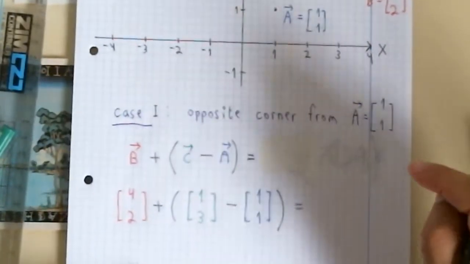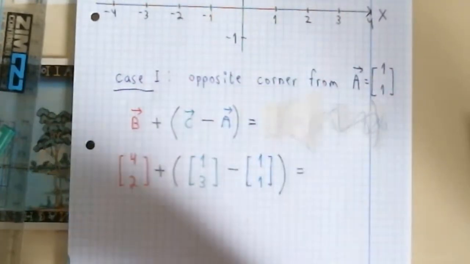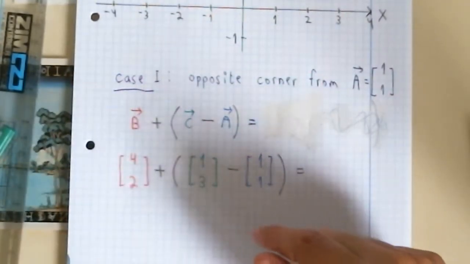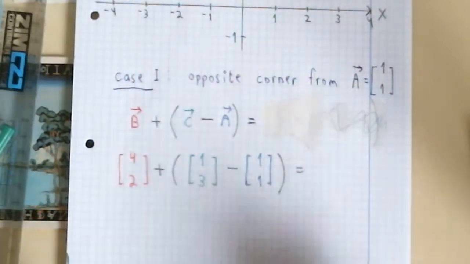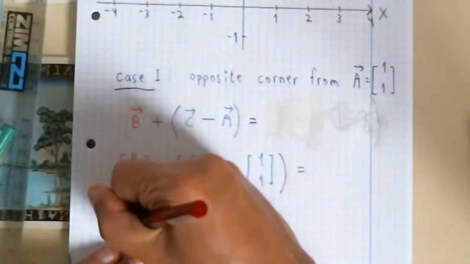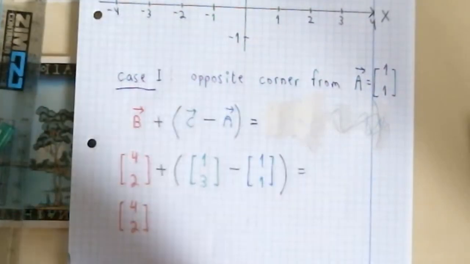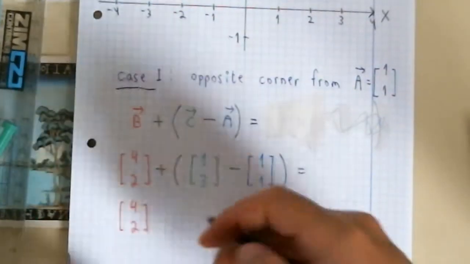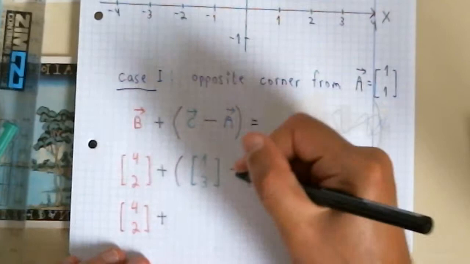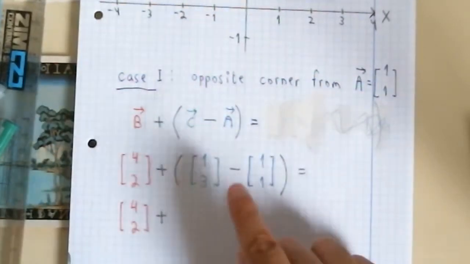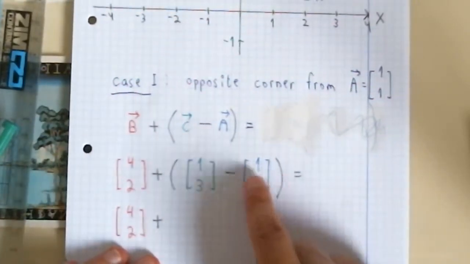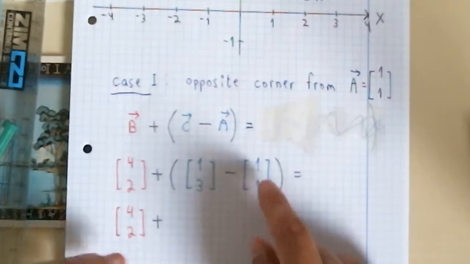How much is that equal to? B, which is 4, 2, plus 1 minus 1 is 0. 3 minus 1 is 2.